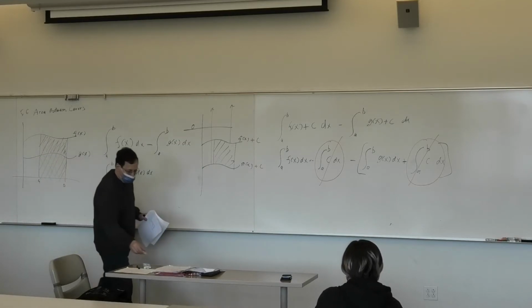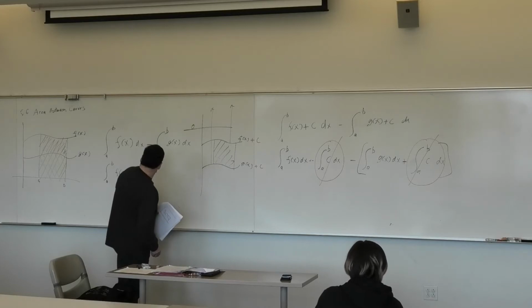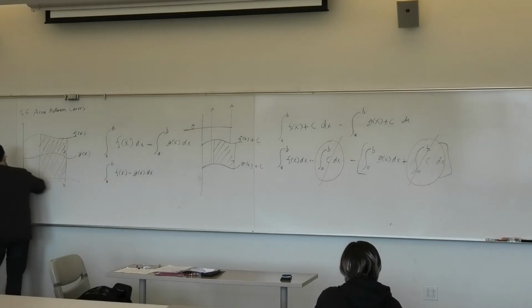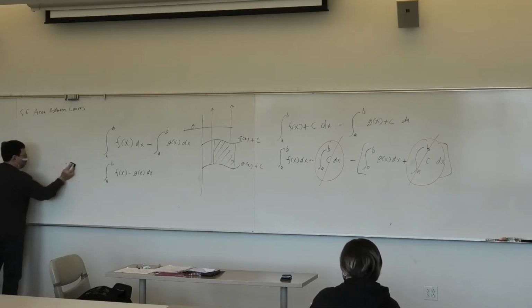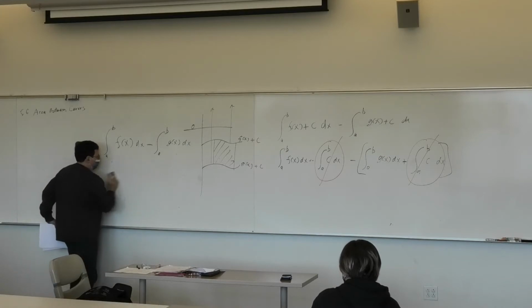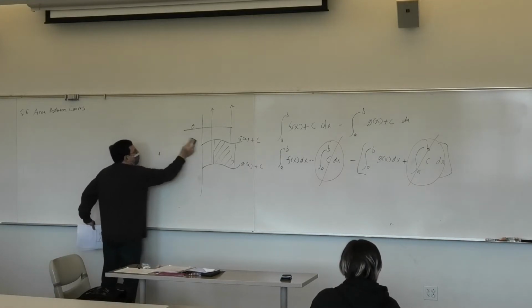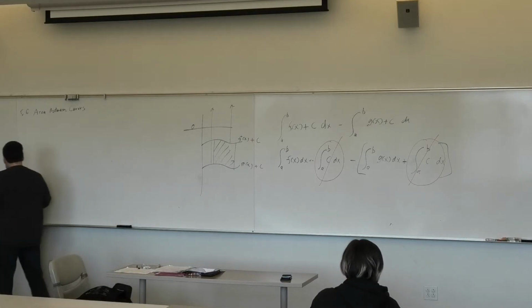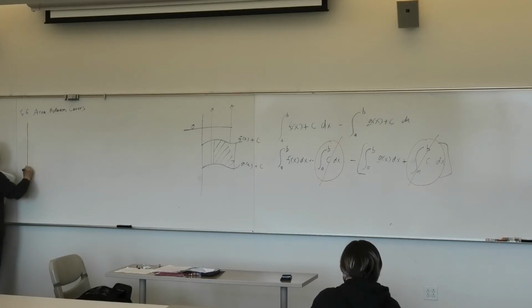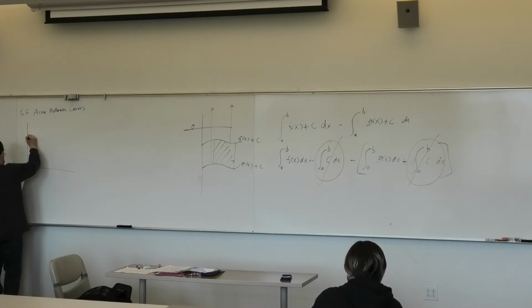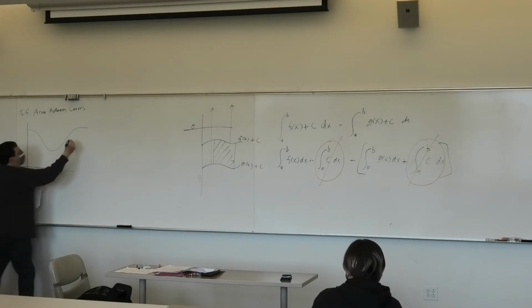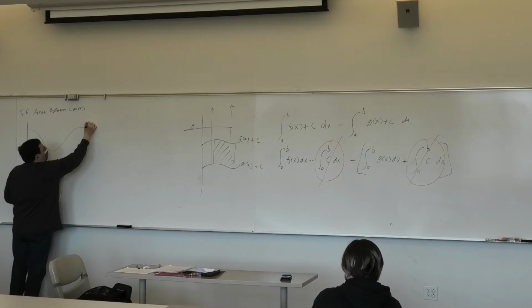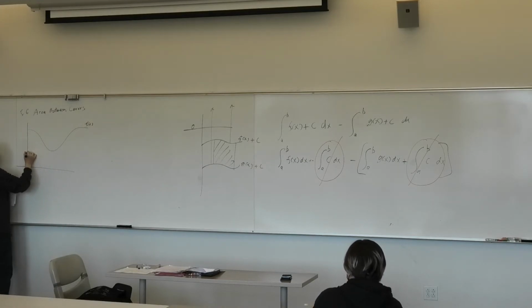Now, here's a complication we do have to worry about. What if our f of x is kind of like this, and our g of x, unfortunately, is kind of like this?